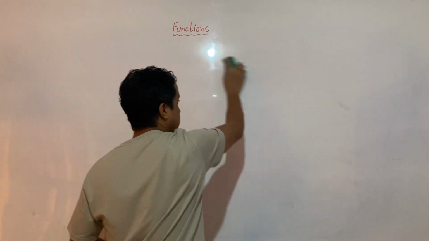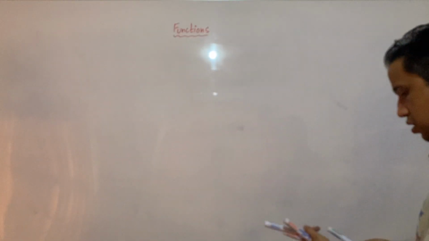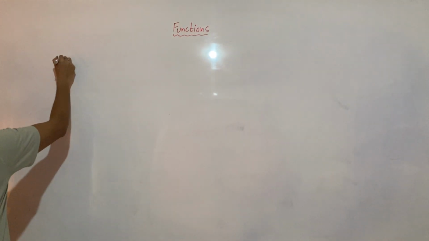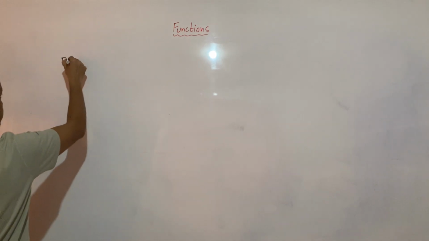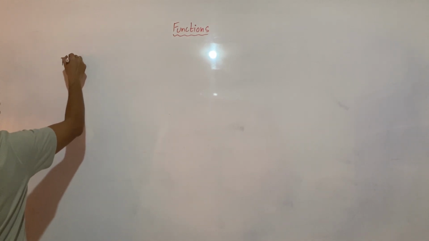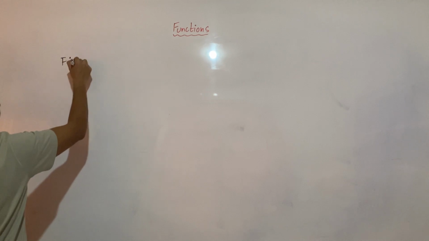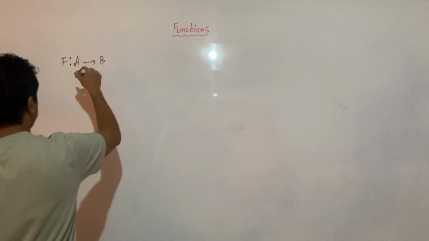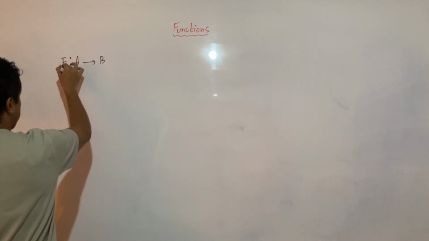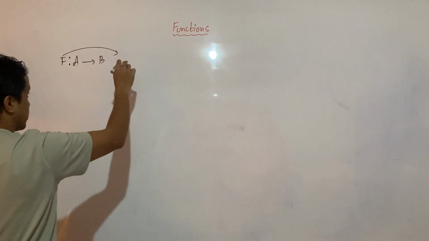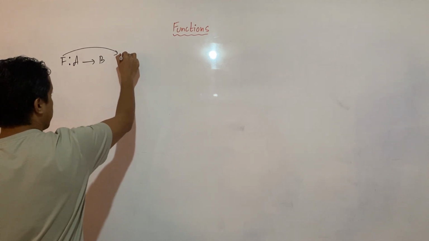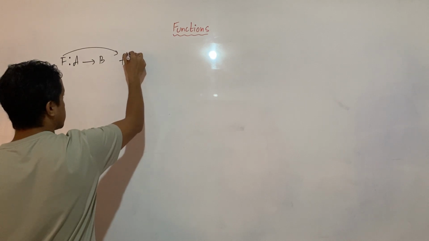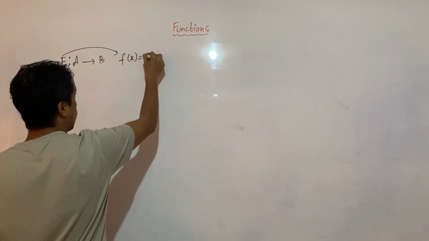Let's say you are given a function f defined from A to B, and this function f is such that f of x is equal to y.